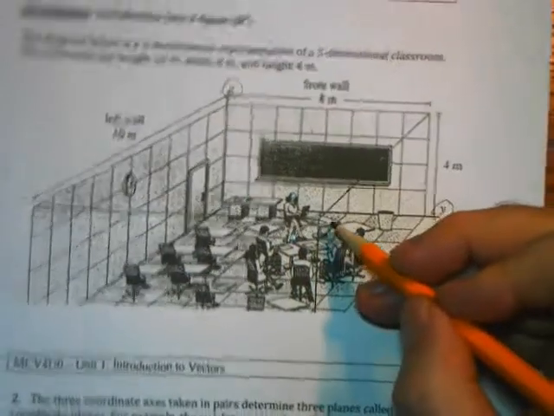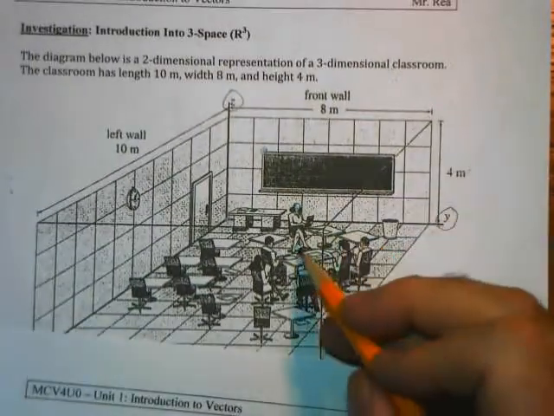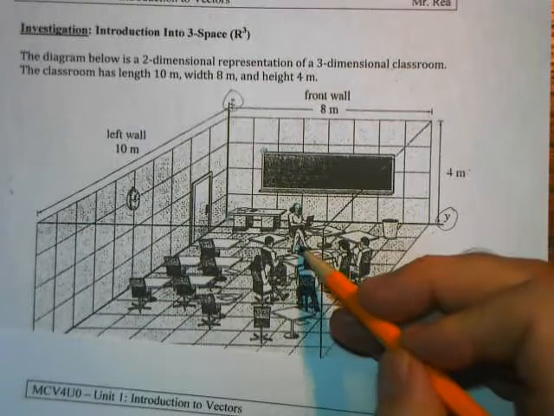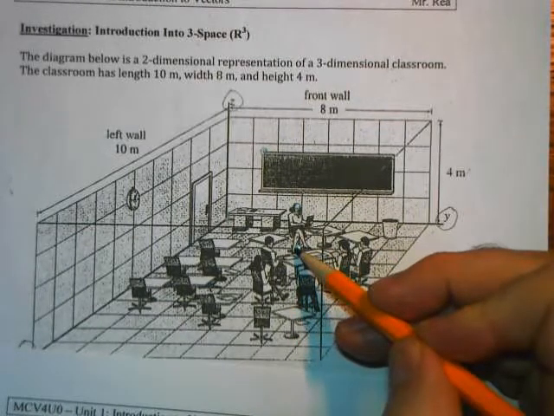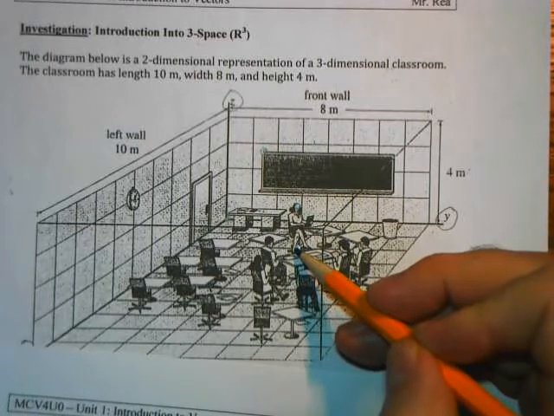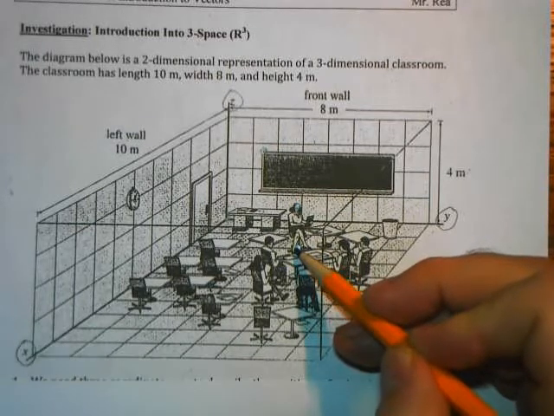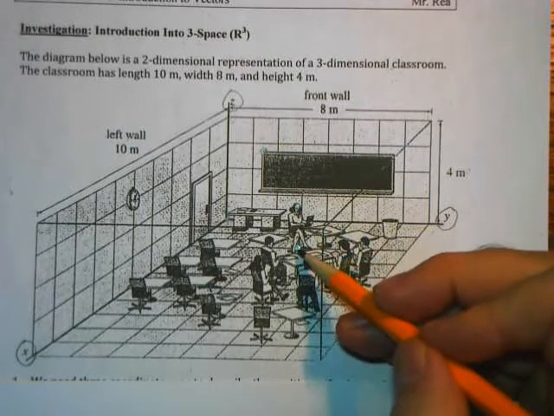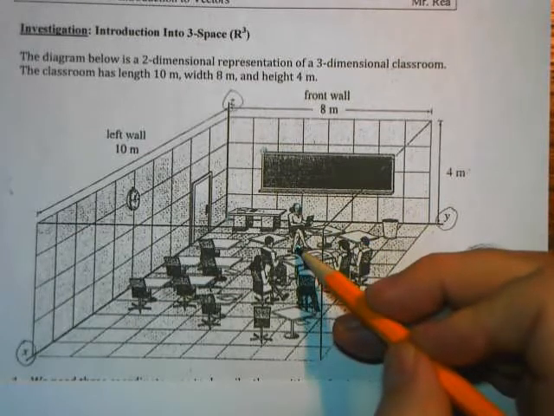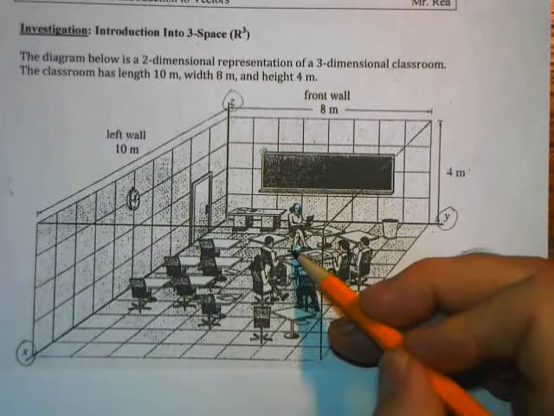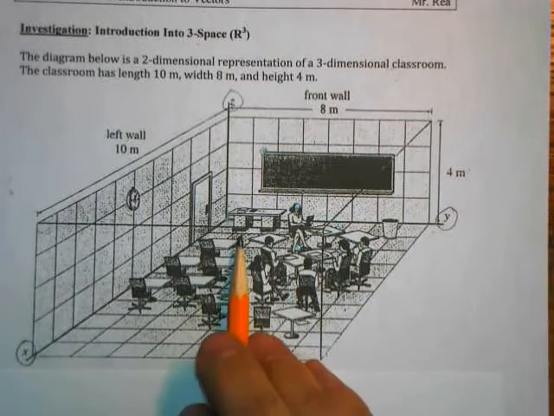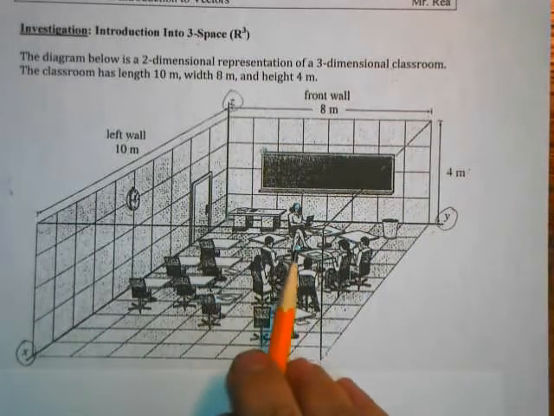A little hard to see, I agree. But on the floor, the teacher's location is right about there. If I was doing the x and y coordinate, x is how far it is from the back wall. It looks like it's 2 units in the positive x direction. In terms of y, if I'm counting, this is a little more difficult.